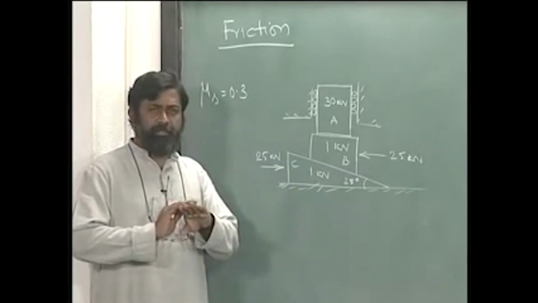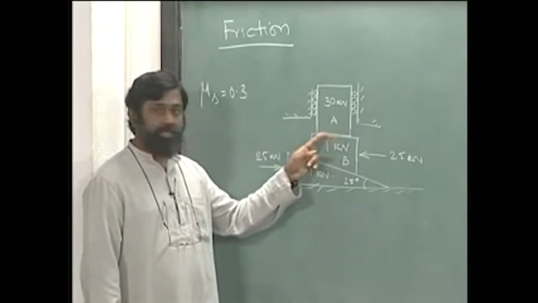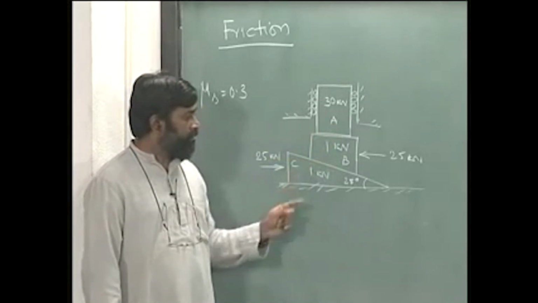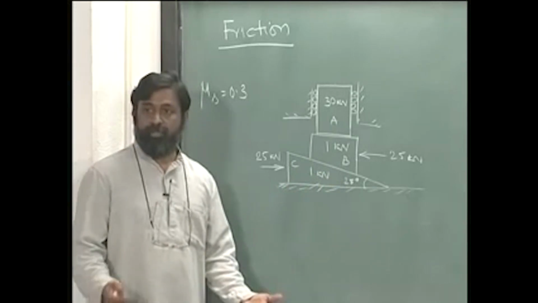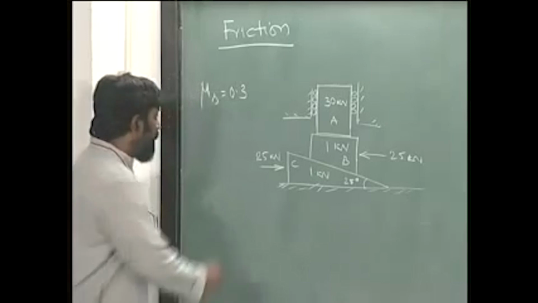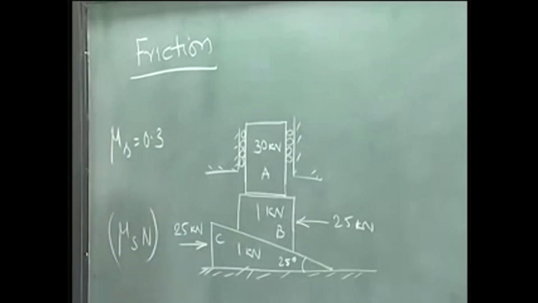Supposing I consider purely statics, what happens? There will be some force over here, there will be some force over here, there will be some force over here, which is a frictional force, but not exceeding mu s times the normal reaction that comes on each one of these blocks.